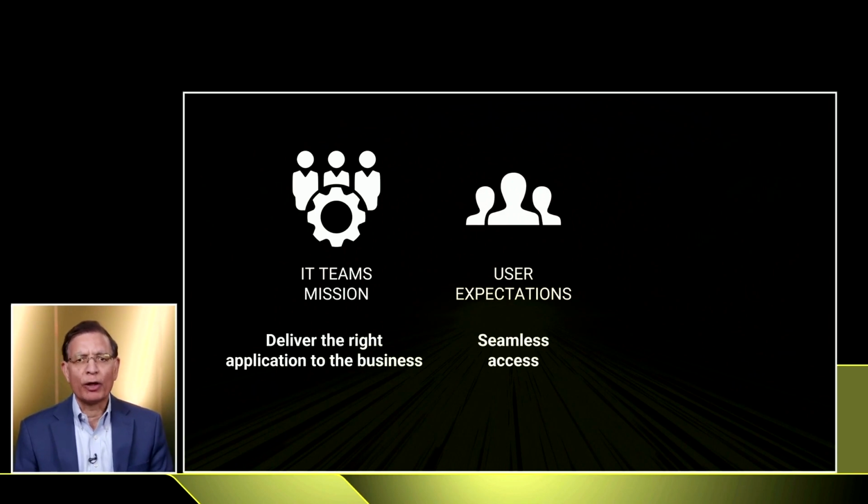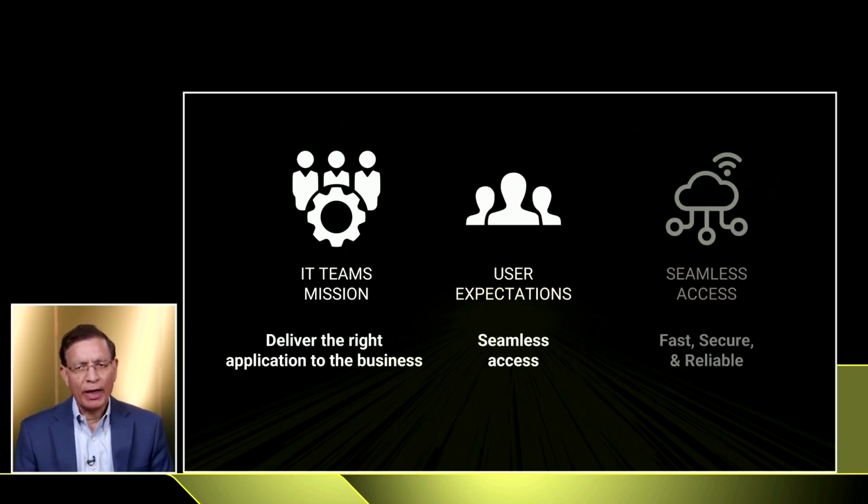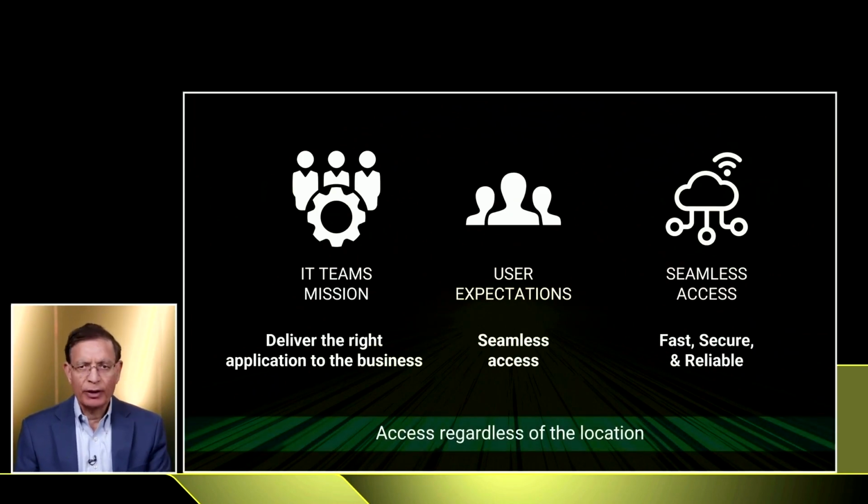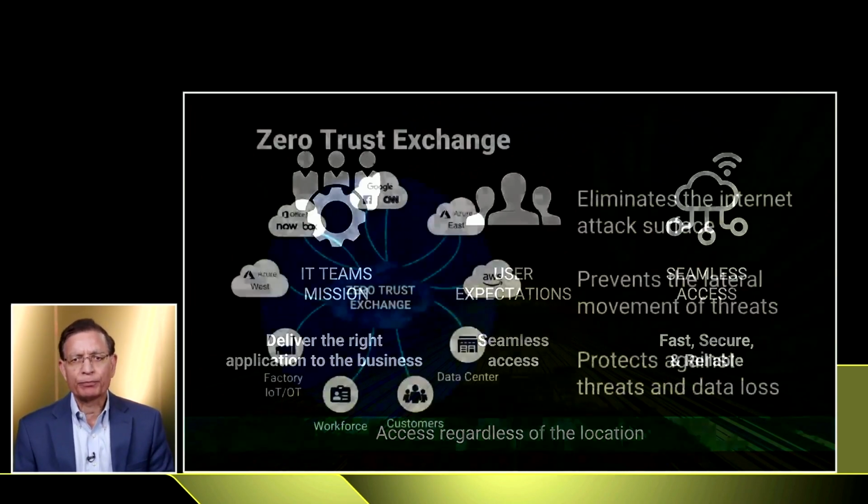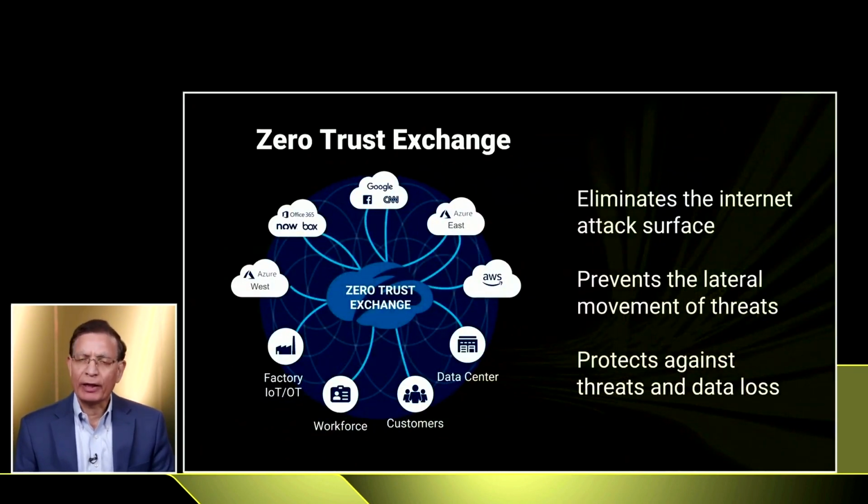What do users want? Users want seamless access. Access that's fast, that's secure, and that's highly reliable, whether they're working from home or from the office, whether they're going to the data center for applications or to public cloud or a SaaS application. How do you make it happen?